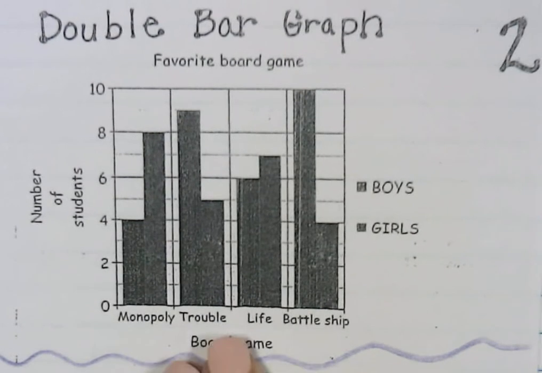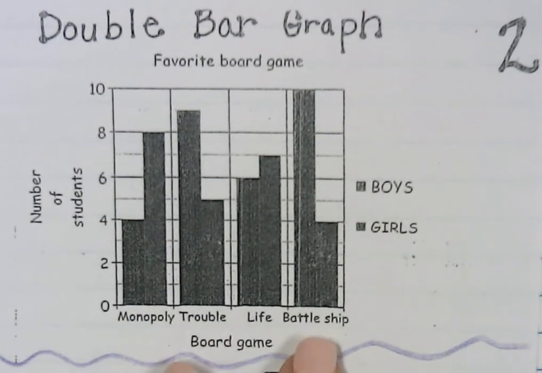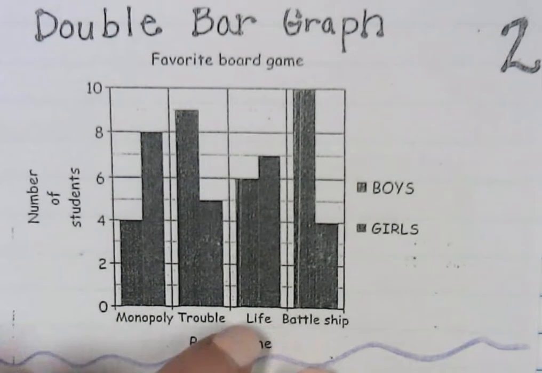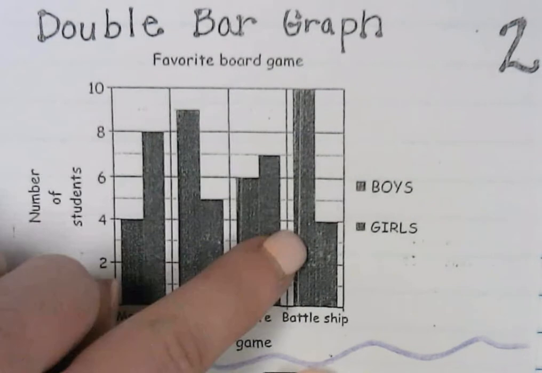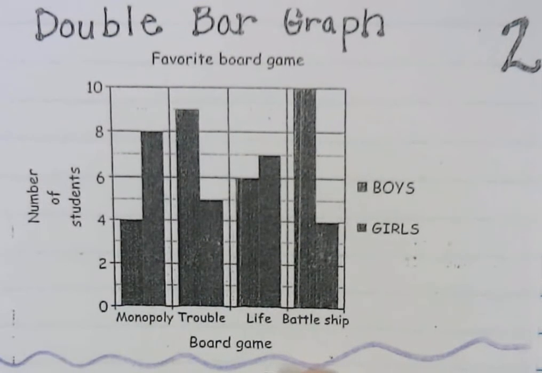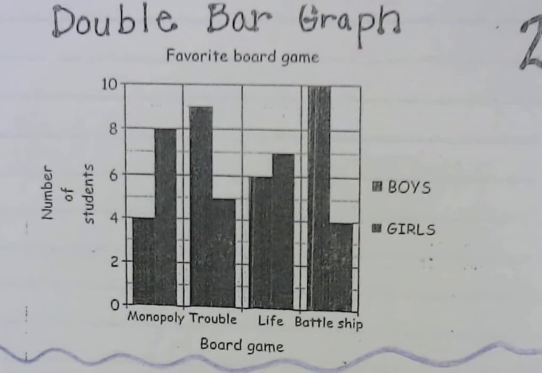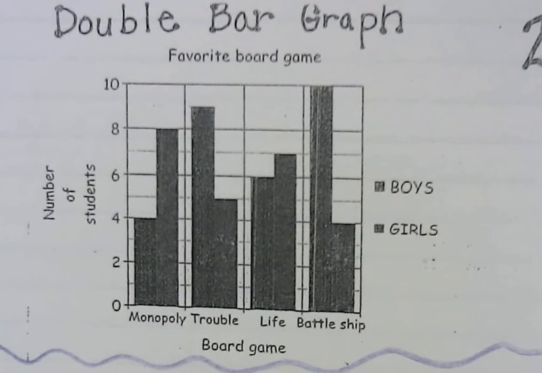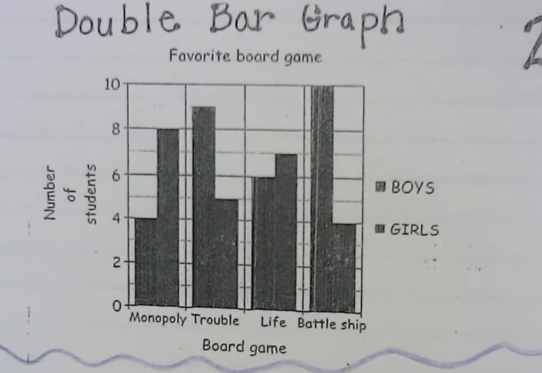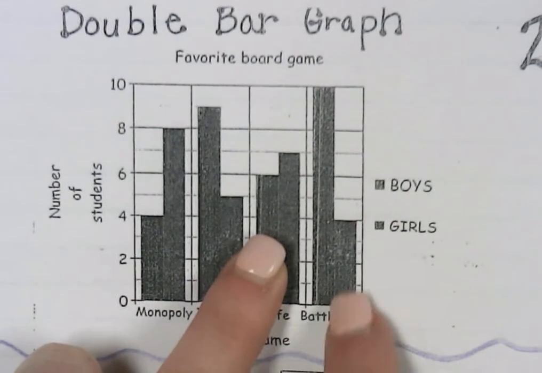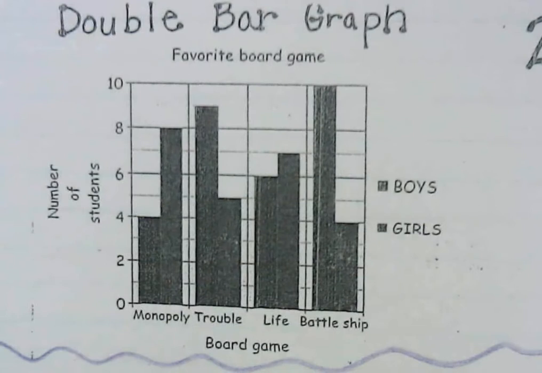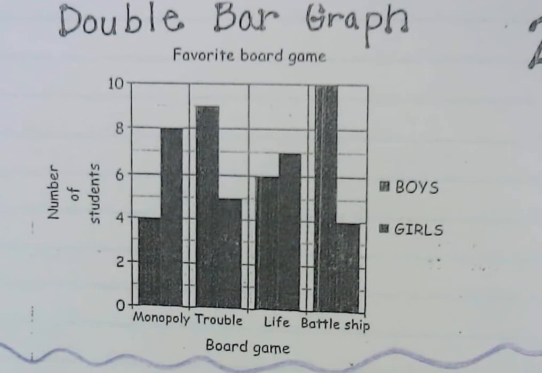Let's look at Battleship. Was it more popular with boys or more popular with girls? Well, we said boys is the first bar, so a lot more boys preferred it than girls. But if I asked you how many students liked Battleship, then you would have to put the girl column and the boy column together, add them up, and find the total amount of students.